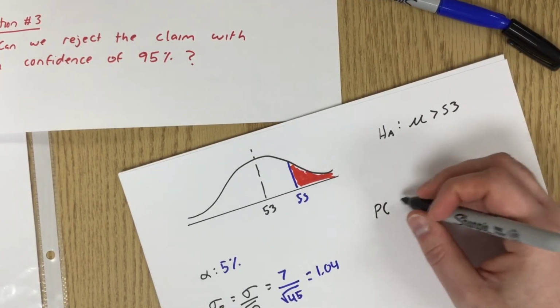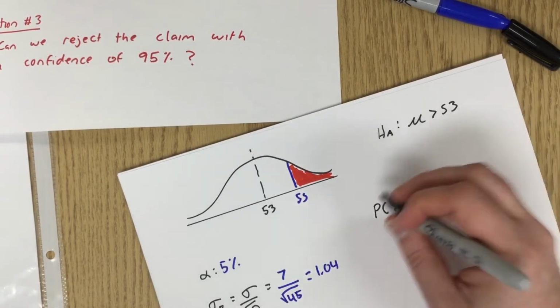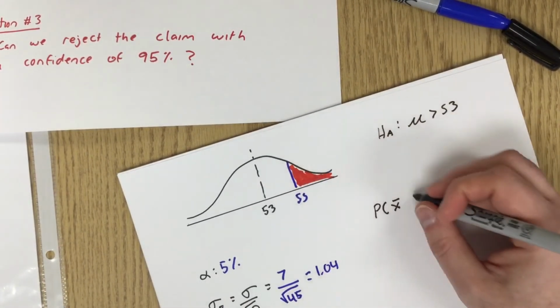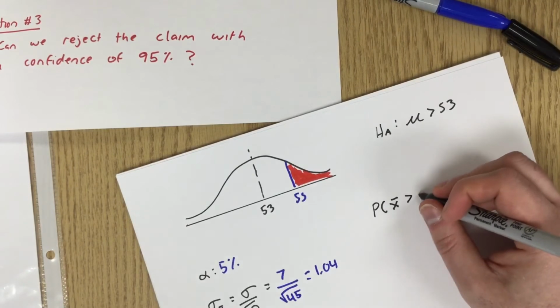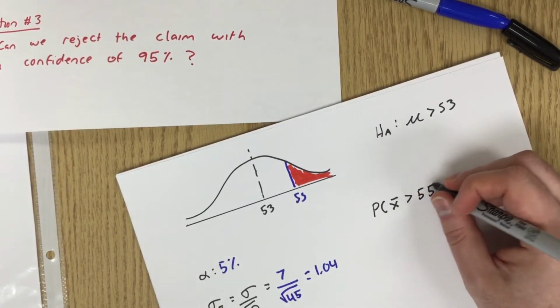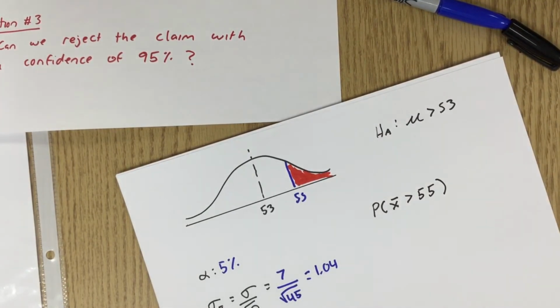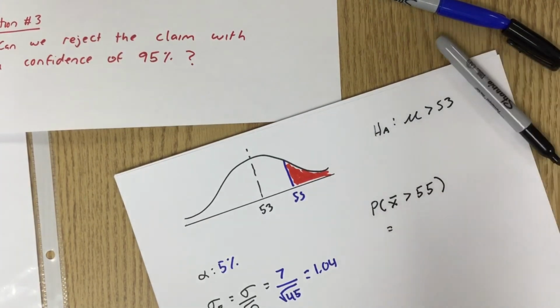So what we want to know is the probability that our mean is bigger than or equal to 55, but it's continuous, so it doesn't really matter. We're going to have to turn that into a z-score.